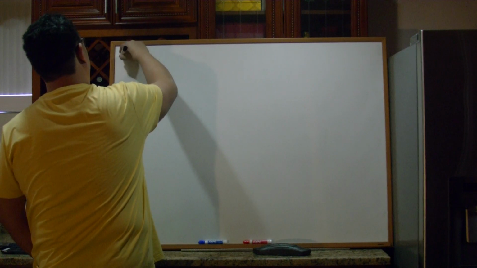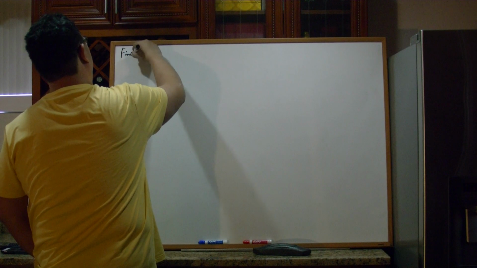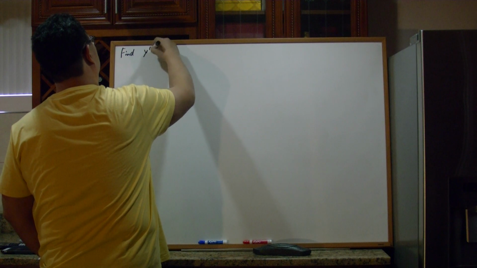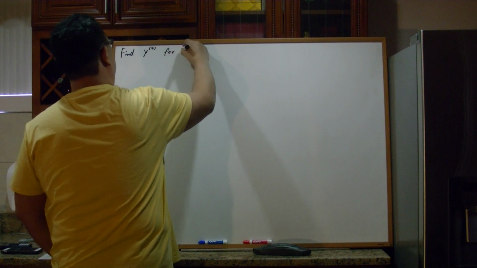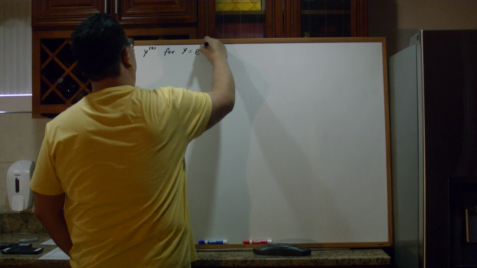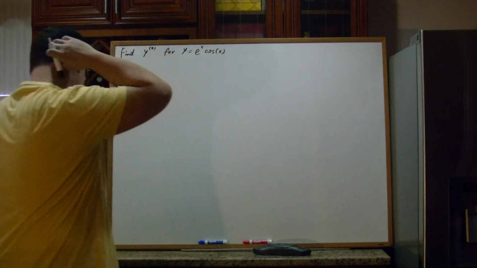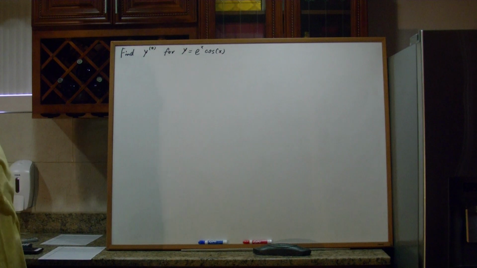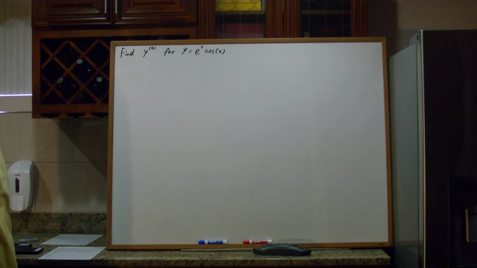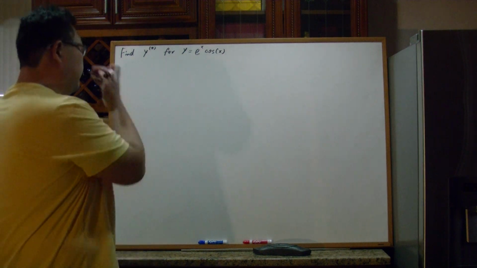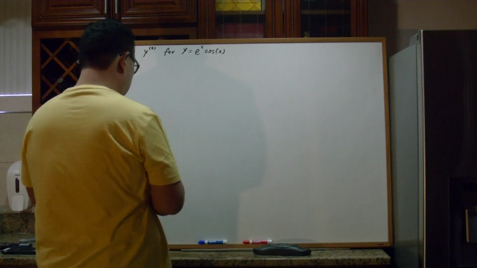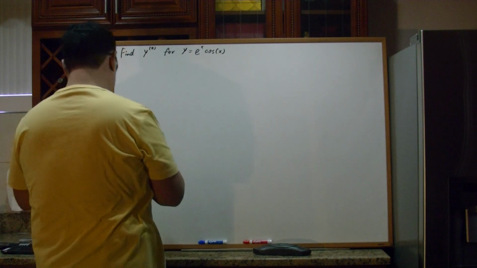We will have to find the fourth derivative for y equals e to the x cosine x. We do not know what we are going to get. To find the first derivative, we need to apply the product rule.